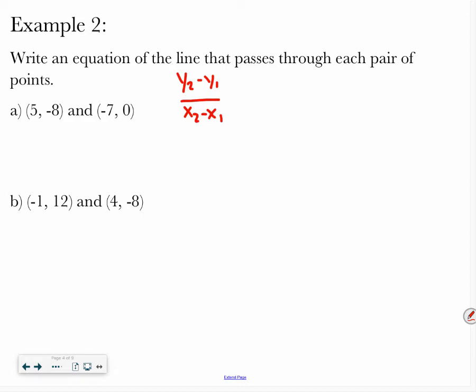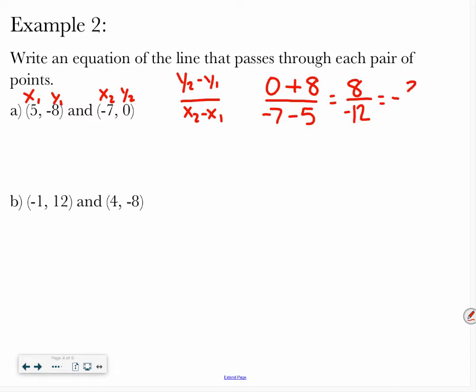If we plug 0 in for y2, I have 0 minus a negative, so that becomes plus 8, divided by negative 7 minus 5, which is 8 over negative 12. 4 goes into 8 twice and into 12 3 times, so I have a slope of negative 2/3. So I know my equation is going to be y equals negative 2/3 x plus b.